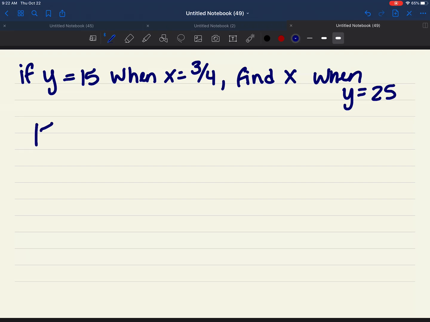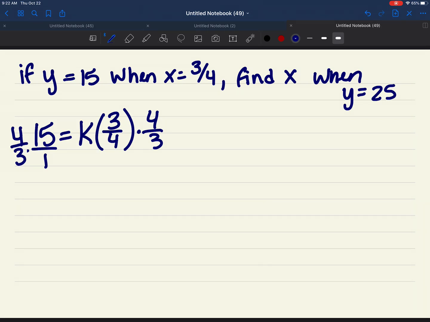So we do 15 equals k times 3/4. Okay. Then multiply by 4/3. So we know everything on the right side cancels. You're left with k. What about on the left side? Simplify 15 and 3 to 1 and 5.